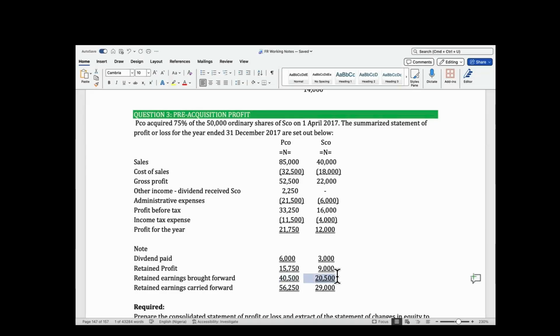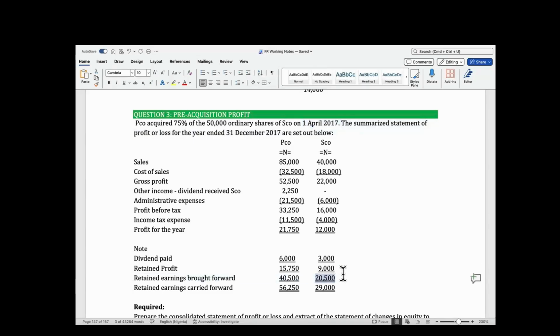In the last question that we did, what I did for this consolidated retained earnings brought forward is I took that of the parent and our share of the retained earnings of the subsidiary. In this case, you will all agree with me that we cannot do that here, because this retained earnings of the subsidiary is a pre-acquisition retained earnings, because we acquired the subsidiary after that date, which is in April.